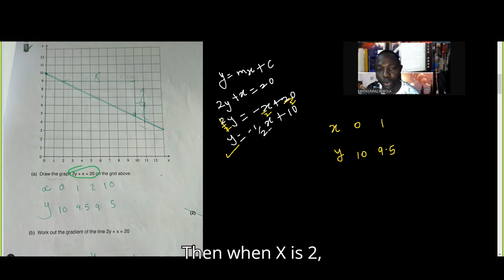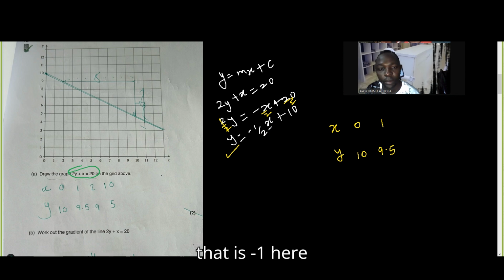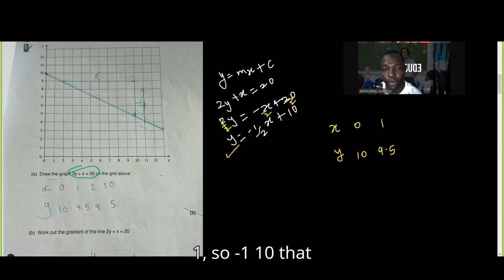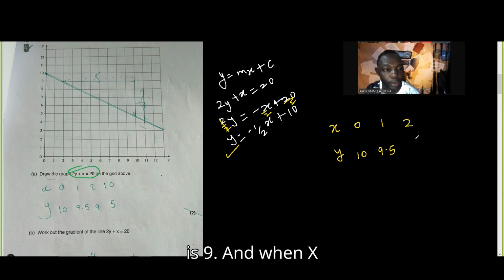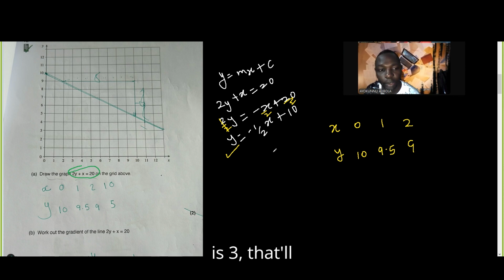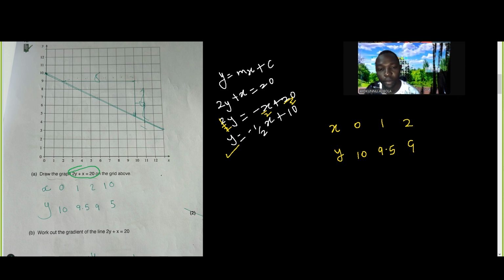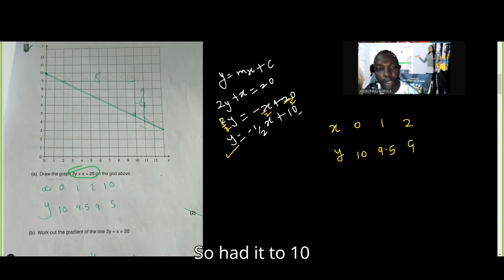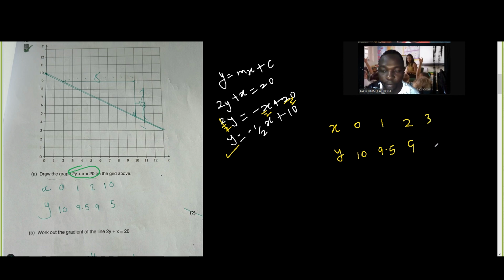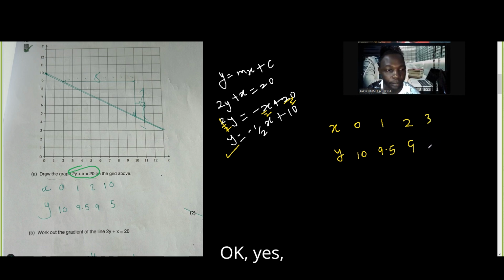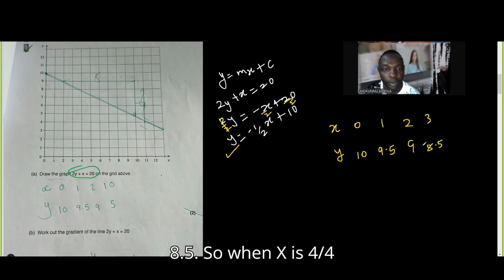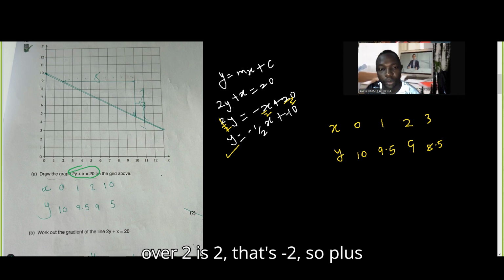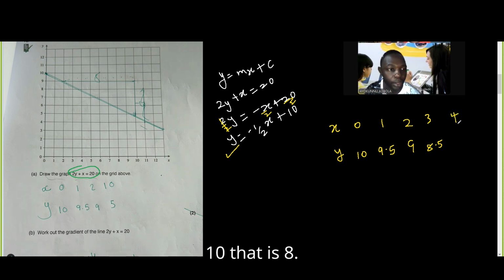Then when x is 2, that is minus 1 here because half times 2 is 1. So minus 1 plus 10, that is 9. And when x is 3, that will be minus 3 over 2, that's like minus 1.5. So add it to 10, you get 8.5. So when x is 4, 4 over 2 is 2. That's minus 2. So plus 10, that is 8.